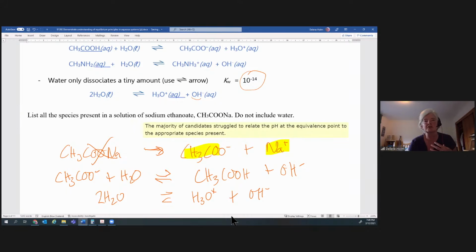A tiny bit, like 1/10,000th of that ethanoate, is going to react with water to form equal amounts of ethanoic acid and hydroxide. So these will be in a lot smaller concentration than the ones on top, but will be present in equal amounts. And then because of water and Kw being really, really small, I will have some hydronium ion.